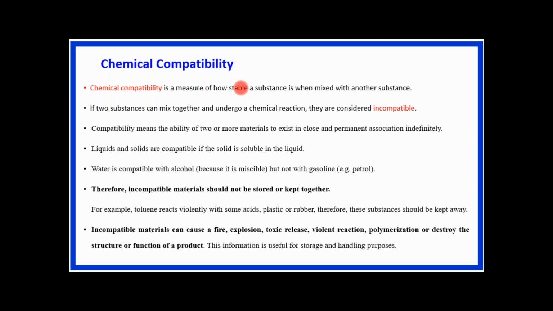But if any reaction occurs, if any fire catches, or if any exothermic reaction is there, or if the temperature is raised, or, as in the example of red and blue Harpic, if chlorine gas is released, or gases which are toxic or poisonous or dangerous for human beings are released, then these substances are not compatible, or incompatible with each other.